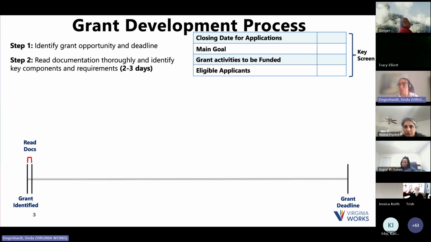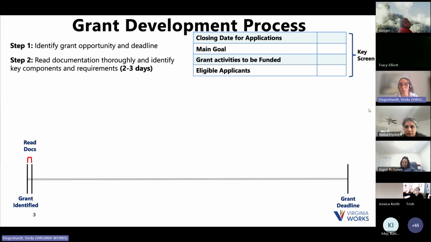So funding opportunities often are associated with FOAs, funding opportunity announcements, which tend to be anywhere between a 20 to a 150 to 200 page document that really is your instruction manual for how to put together your program and your application. And I recommend taking your time with reading this documentation.